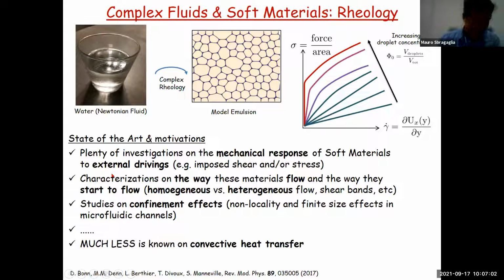There have been characterizations regarding the way this kind of complex fluids flow and the way they start to flow. There have been studies on the emergence of heterogeneous structures, for example, shear banding, and also on confinement effects, focusing on the finite size of the droplets and issues pertaining to non-locality. But much less is known on the way this kind of complex fluid behave in the hydrodynamical framework in terms of convective heat transfer. And that's essentially what stimulated our work.